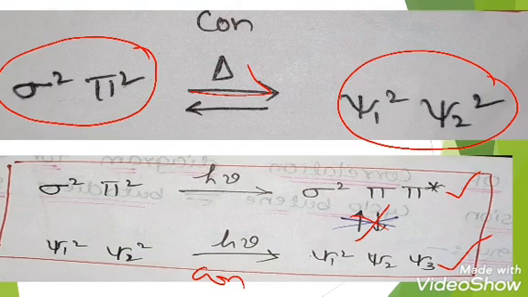Thus, it becomes clear from the above considerations that thermal opening of cyclobutene is a conrotatory process, while photochemical interconversion involves a disrotatory mode.